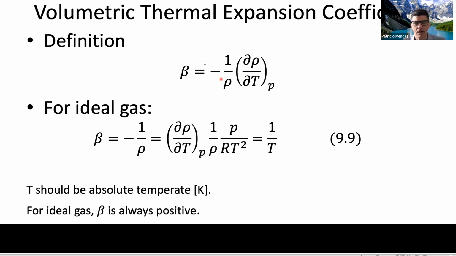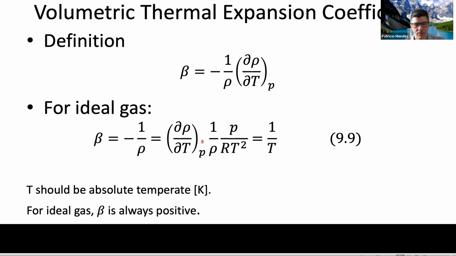So here we have the expansion coefficient. This definition applies to any fluid. Now, for the particular case of gases, we can use an ideal gas as a good approximation. This equal sign is in the wrong place here; it should have been up here.